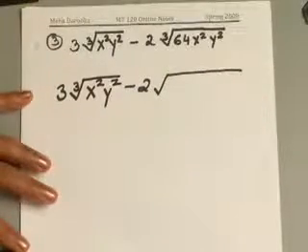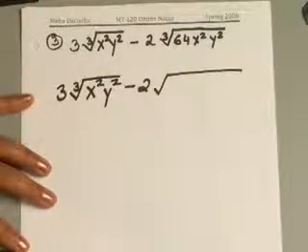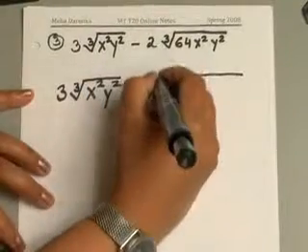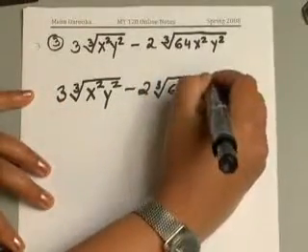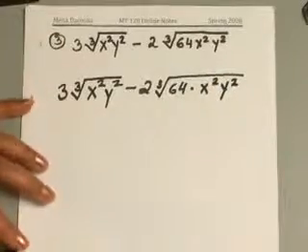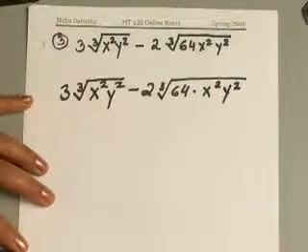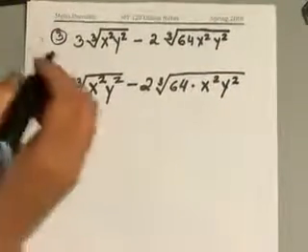Okay. On the other side, you have 64 x squared y squared. Now go ahead and see if you can write 64 as the cube of something. And you will notice that 64 is the cube of 4. 4 to the third power will give you 64.